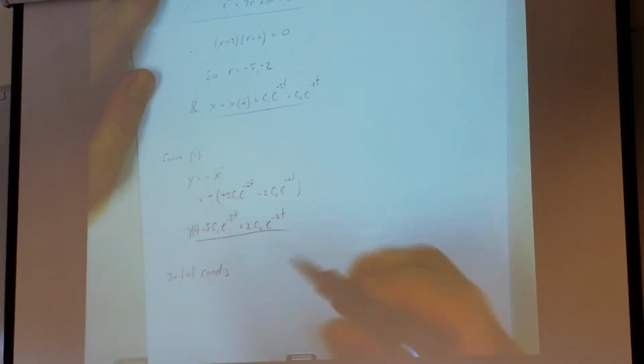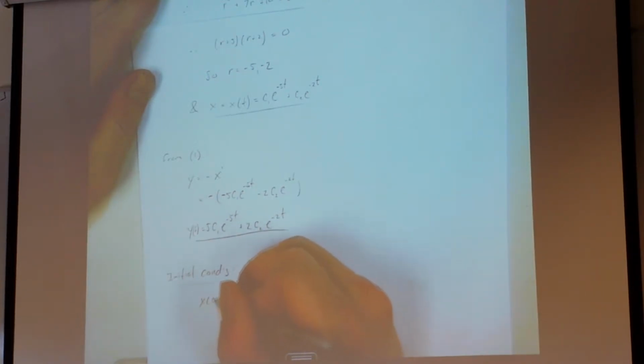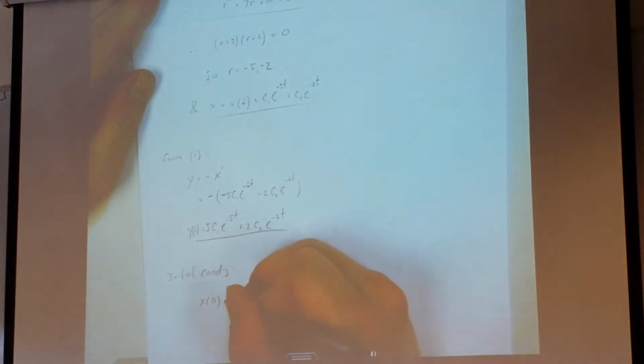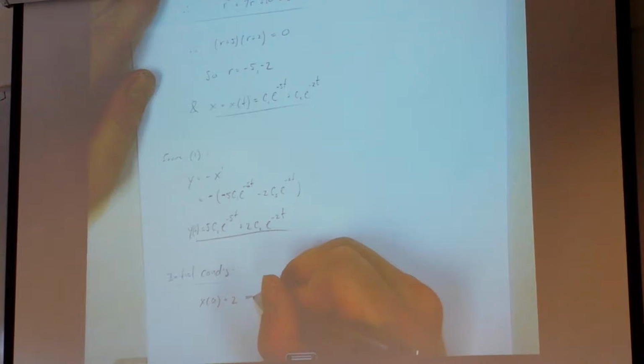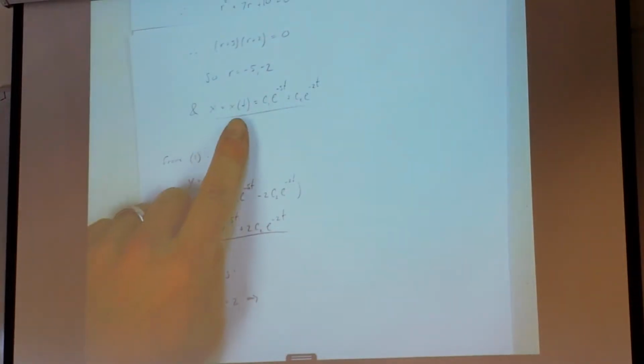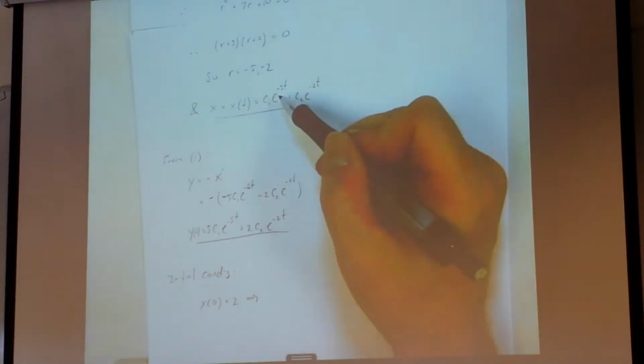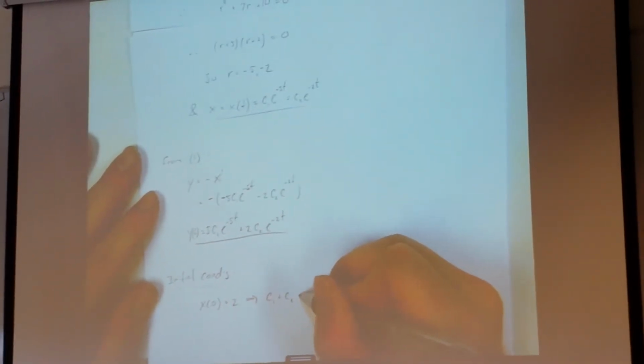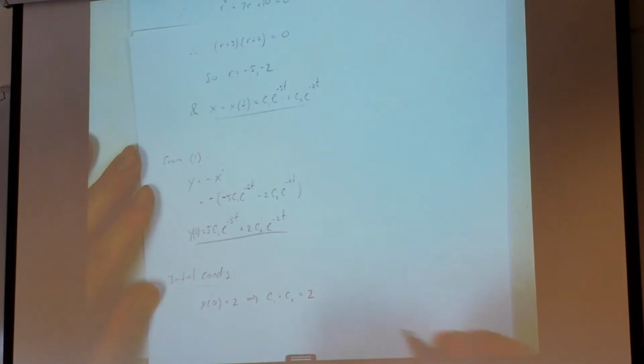So our initial conditions, first we got x of 0 was 2. Putting in 0 for t, I just get C1 plus C2 equals 2. And the other initial condition involves y.